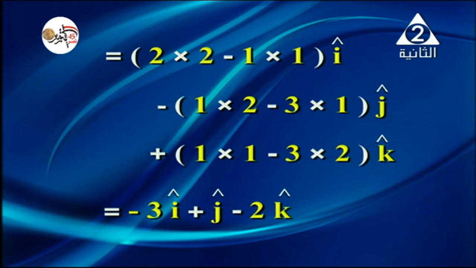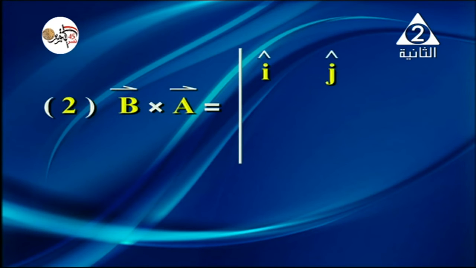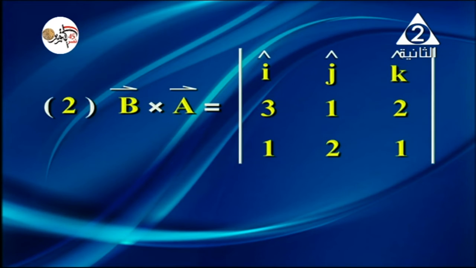Answer is negative 3i plus j minus 5k. That is the first required. Number 2, b cross a by using the same determinant method, but in this case we put the component of the b vector before the component of the a vector.